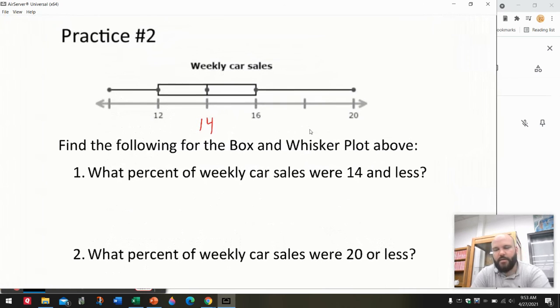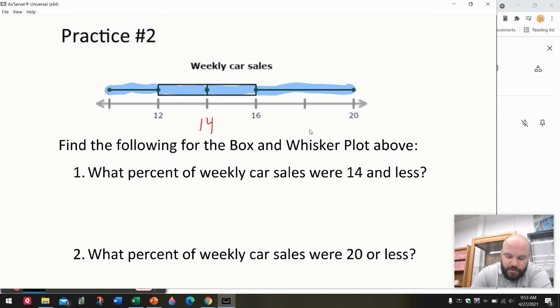Now, here's the thing that you have to understand about box and whisker plots, and I did not show you this when I originally introduced them. Box and whisker plots break the data up into 4 basically equal chunks. So here is 1/4 of your data, here is 1/4 of your data, here is 1/4 of your data, and then here is 1/4 of your data.